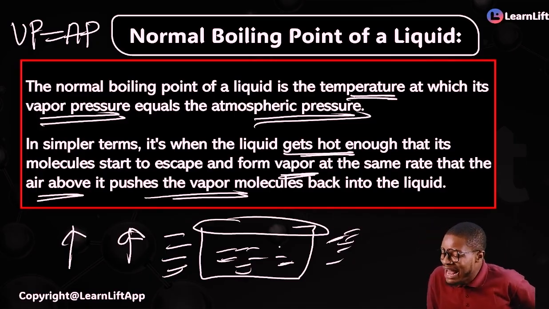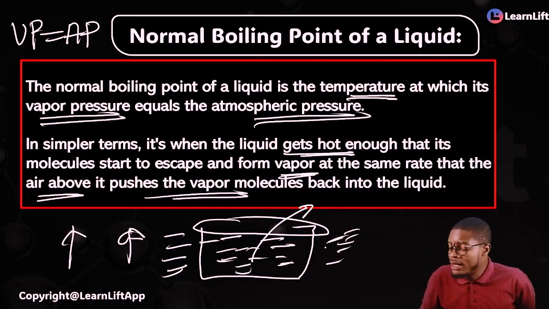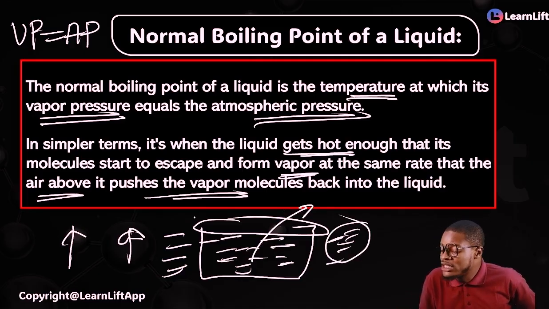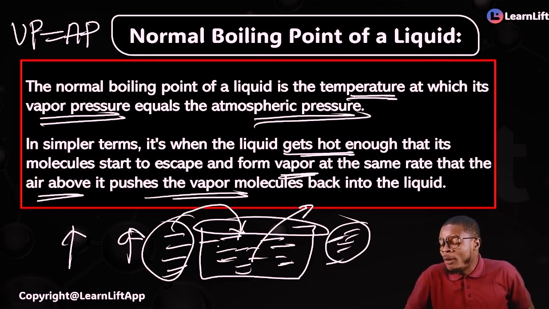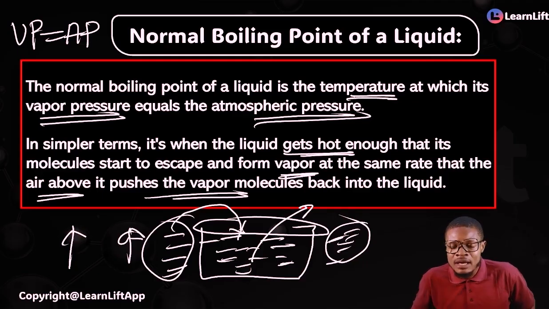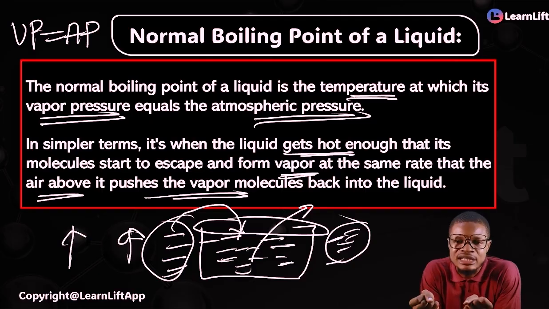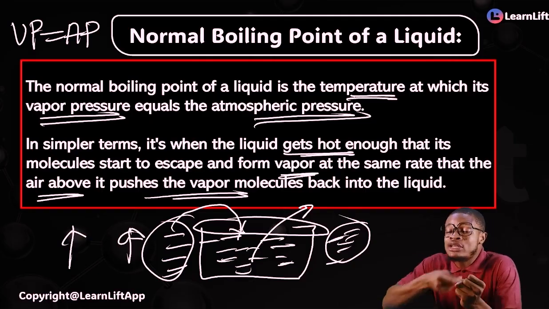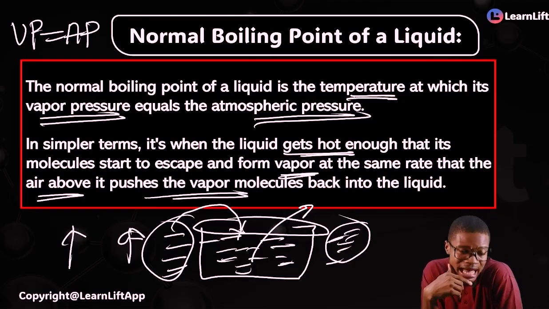As vapor pressure is increasing, the vapor wants to escape, but the air in the surroundings is pushing the vapor back into the container. In other words, there is more like a struggle at that initial stage. That struggle is where boiling starts to kickstart. Are you getting me now?